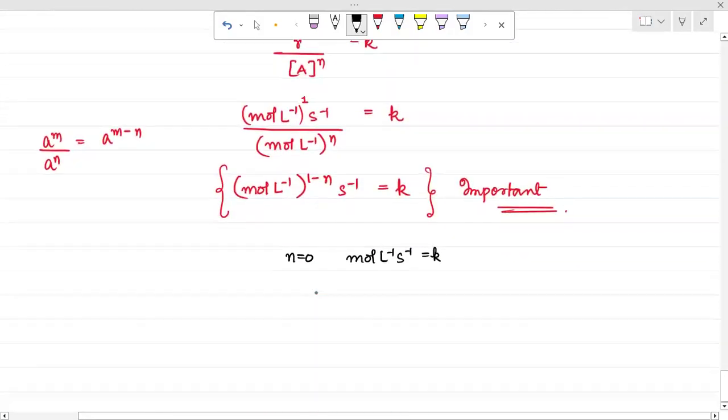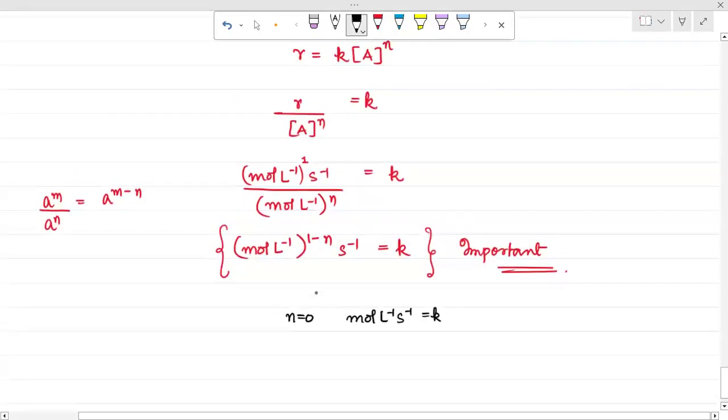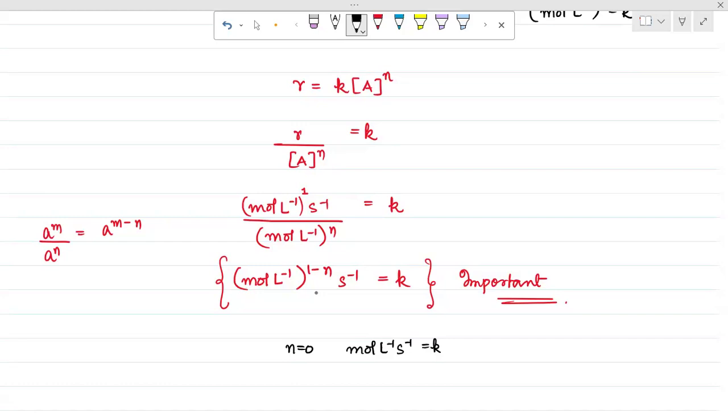So similarly, whatever the order is, this is the general expression. You need not mug up. If you can derive it from here, you need not mug up. Please do not get confused between 1 minus n and n minus 1. To be on the safe side, you can derive it from here, because you have a lot to remember, a lot to learn by heart. So it's okay if you derive it. It will just take 30 seconds.